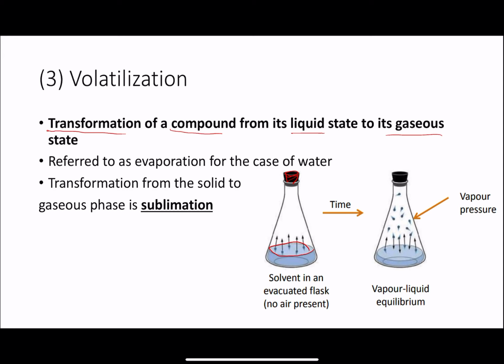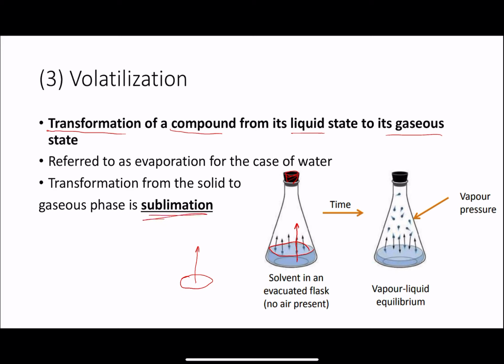So the transfer from the water to the air, we call this volatilization. And also, if you have a solid, and this solid is transferring from solid to gas, not to water, not anywhere else, only from solid to gas, we call this sublimation.